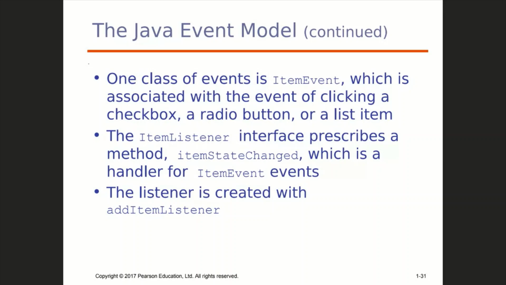You create the listener with addItemListener. Like in Java 2, you might have studied action event and actionPerformed. Those are for mouse actions, like mouse click, mouse up, mouse down, hovering, dragging, mouse move. That's for action event. This one is item event, which the slide is talking about.